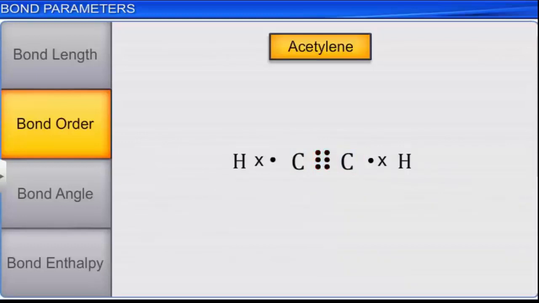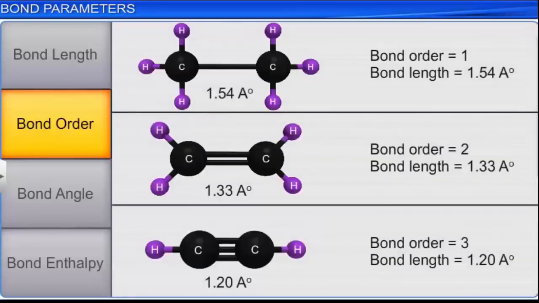Therefore, the bond order is said to be 3. Now, if you observe the bond order and the bond length of these molecules together, you will notice that they are inversely proportional to each other. This is because as the number of shared pairs of electrons goes on increasing, the distance between the two nuclei forming the bonds goes on decreasing.